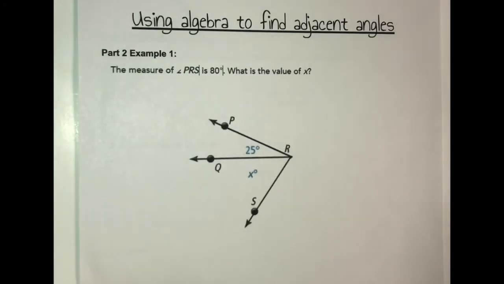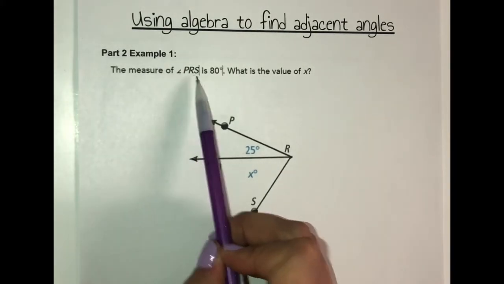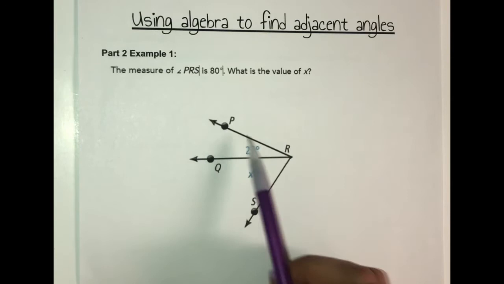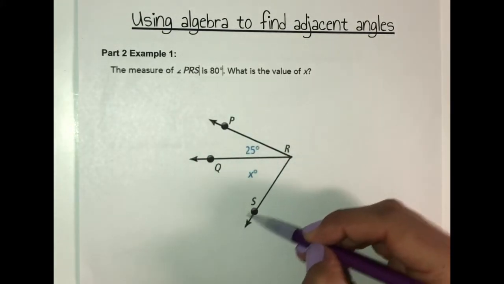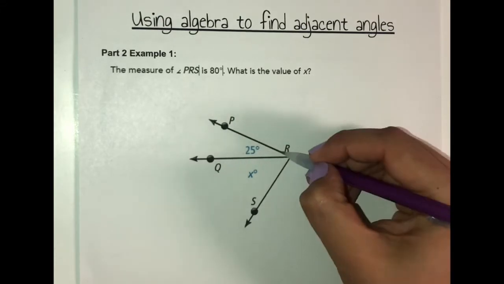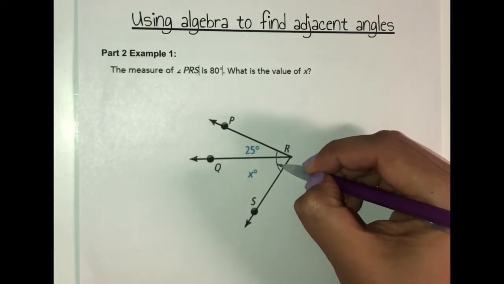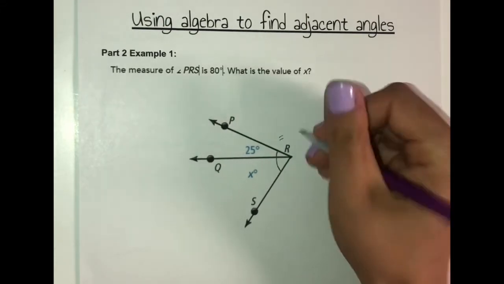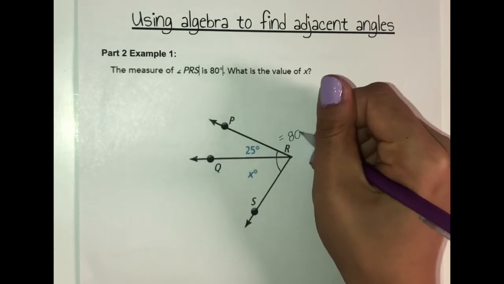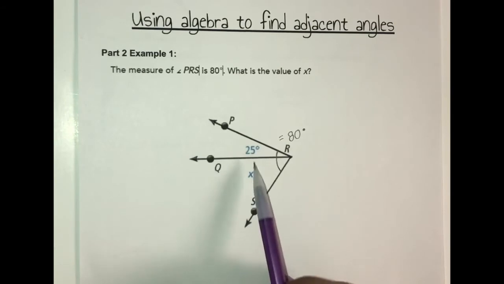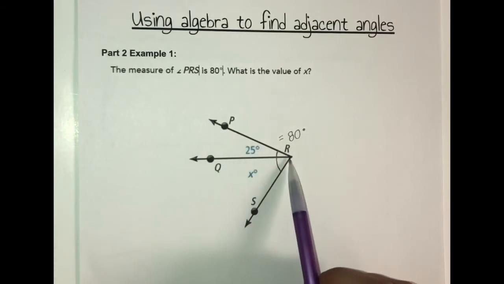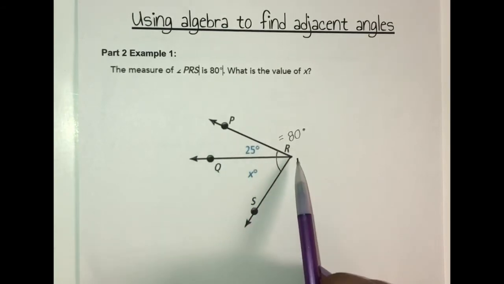So it says the measure of angle PRS. So if we look at angle PRS, it's this whole thing, PRS. This measure, this whole angle, is equal to 80 degrees. So if we look, there's two angles inside of angle PRS that make up angle PRS.